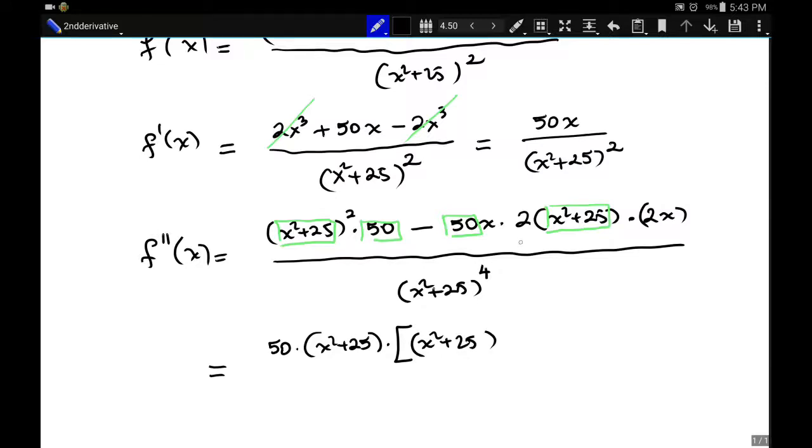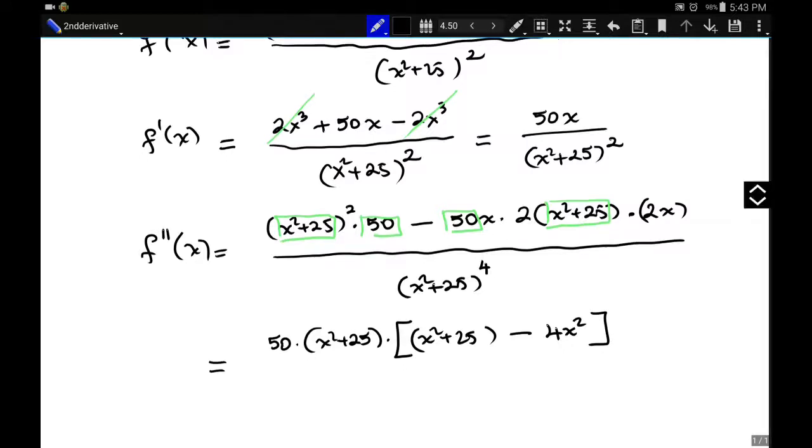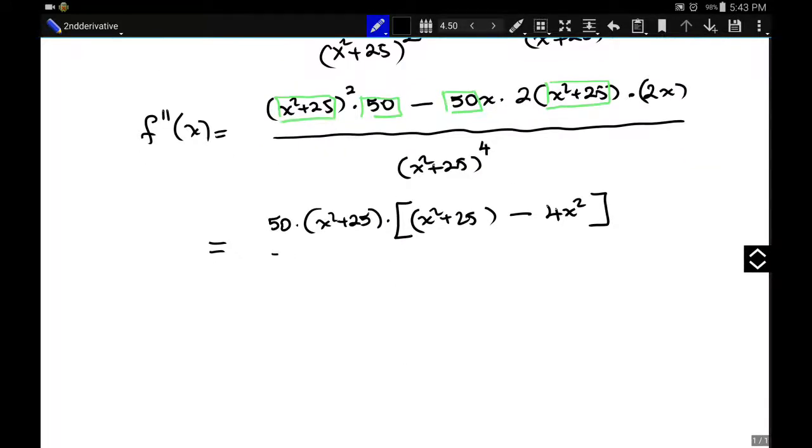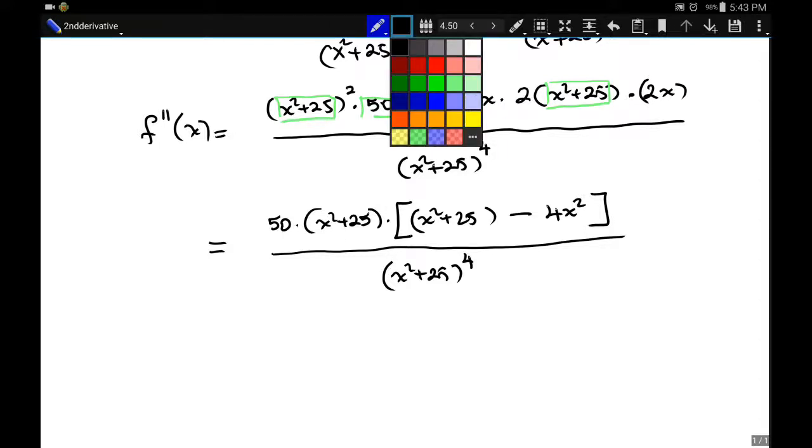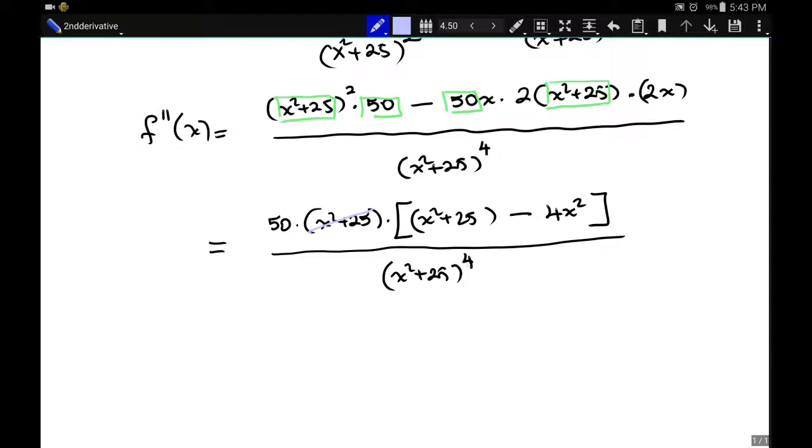And then from the second one, you get 2 times x times 2x, 4x squared, minus 4x squared, divided by x squared plus 25 to the power 4. One of the powers cancels, and you are left with 3 of them in here.